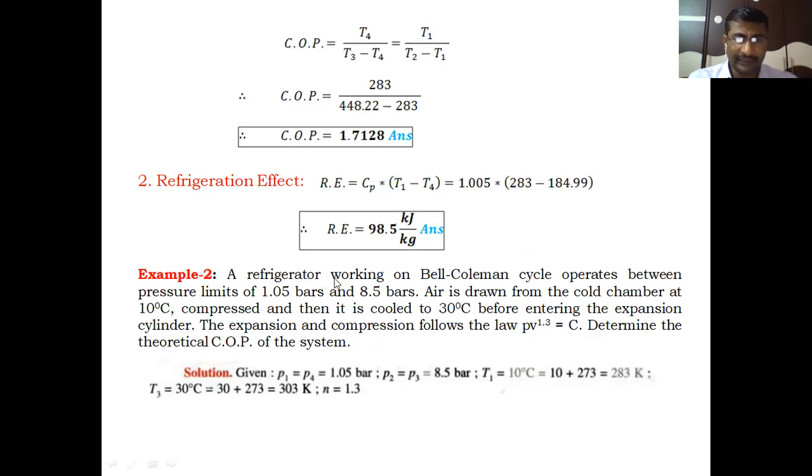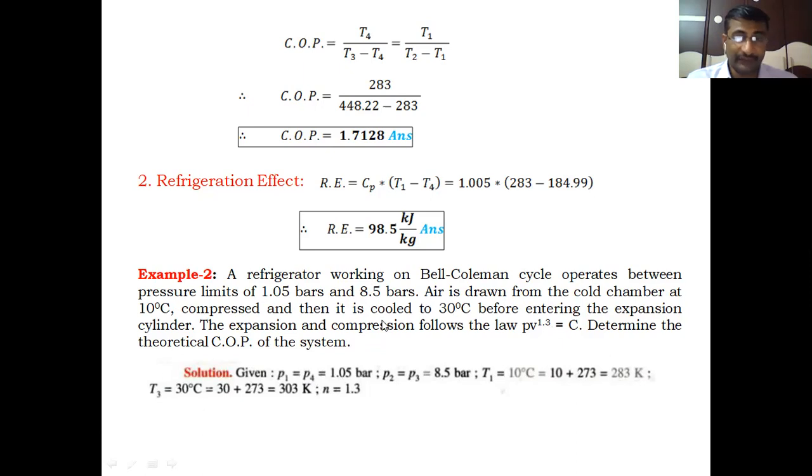The given data in the problem: the 2 pressures are given, low pressure and high pressure. P1 or P4, both are equal here, 1.05 bar, and P2, P3 are the highest pressure in the cycle, 8.5 bar. T1 is the cold chamber temperature at which the compressor draws the air, 10 degrees centigrade, or 283 Kelvin absolute temperature.